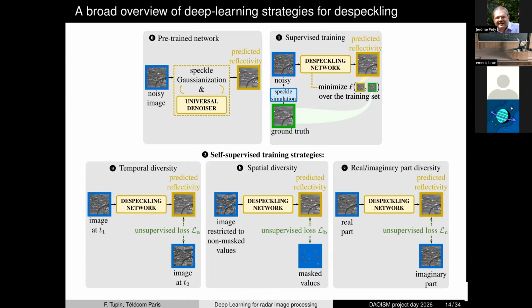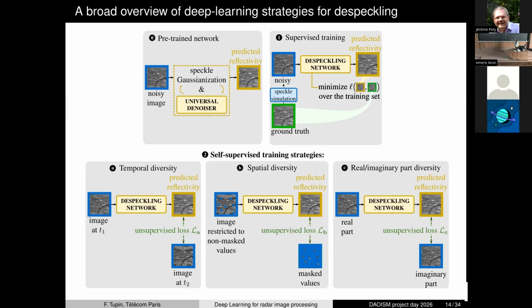Then you update the weights of the network to learn the best way to do the denoising of this image. So that's the usual way, the supervised learning framework. And many of the methods we've seen before were in a supervised learning framework.